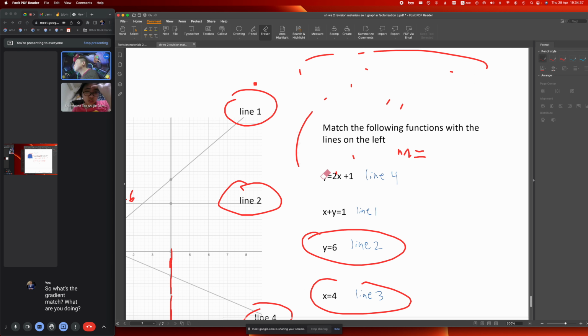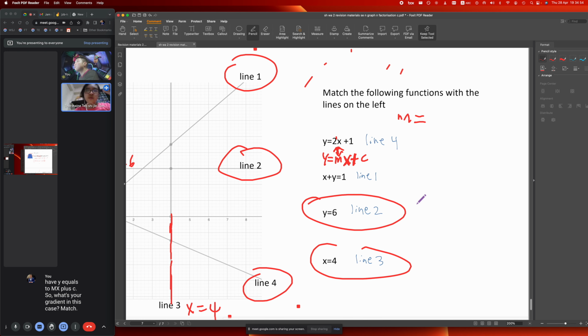I'm talking about y equals to 2x plus 1. So you have y equals to mx plus c. What's your gradient in this case? 2. Good.